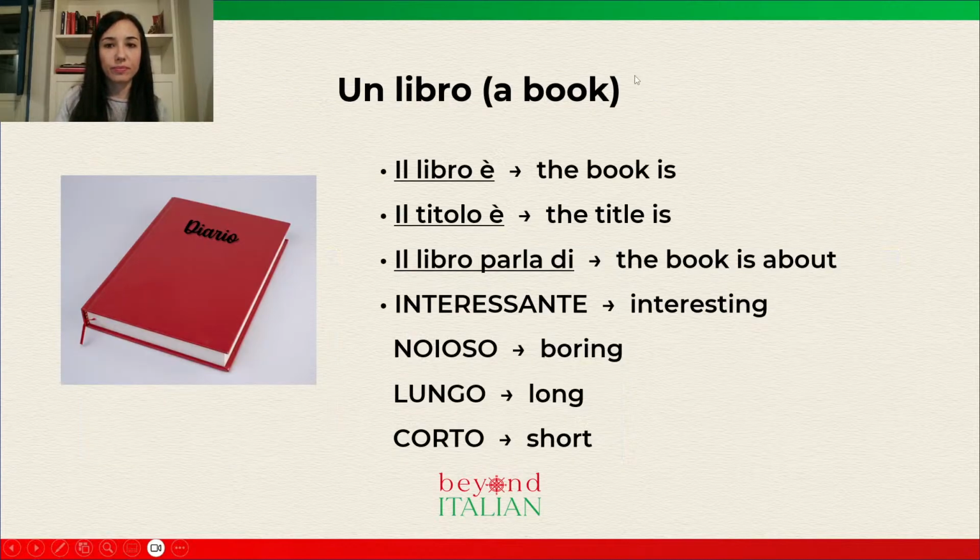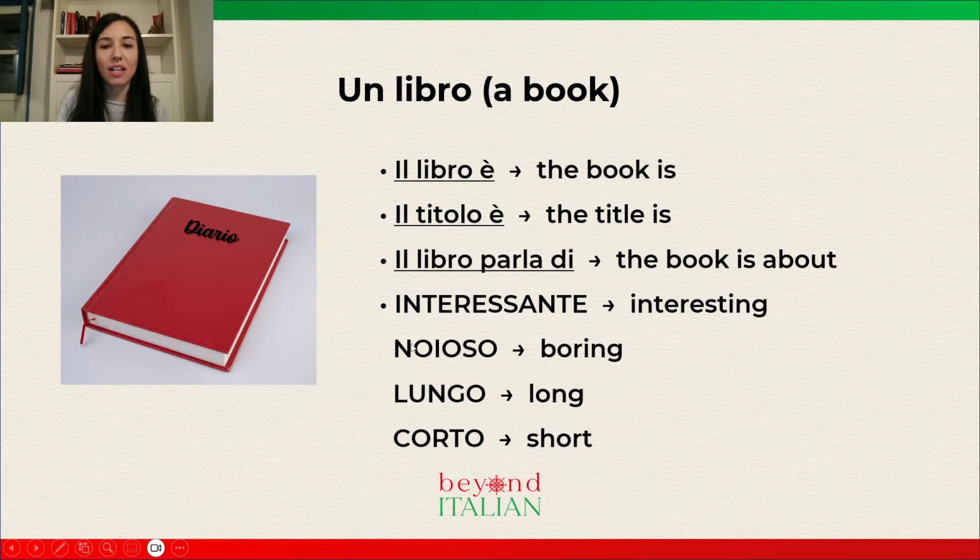First of all, I wrote here some small expressions that you can use to start a sentence in order to describe the book. The first one is il libro è, the book is. Il titolo è, the title is. Il libro parla di, the book is about.